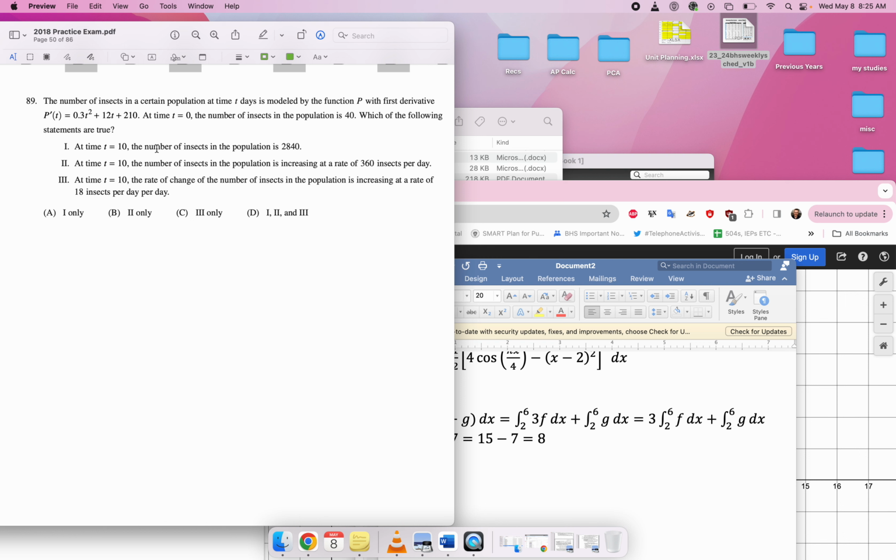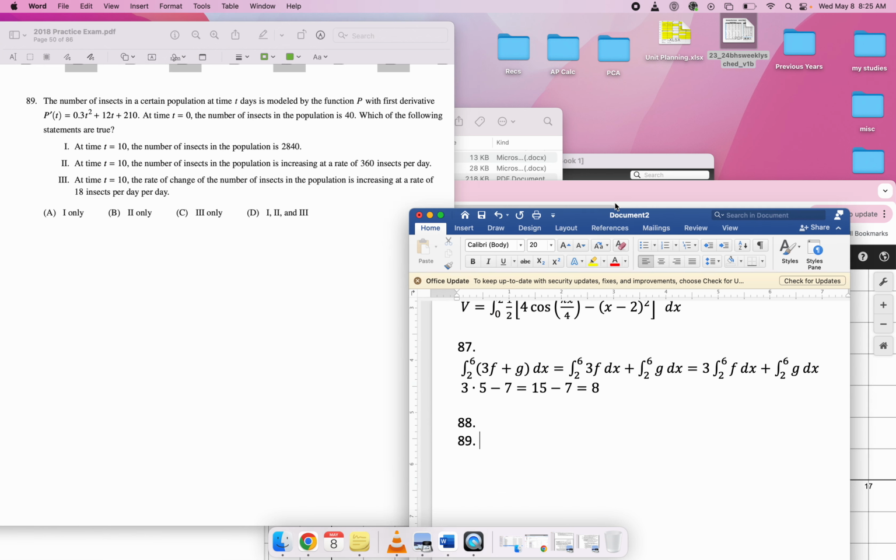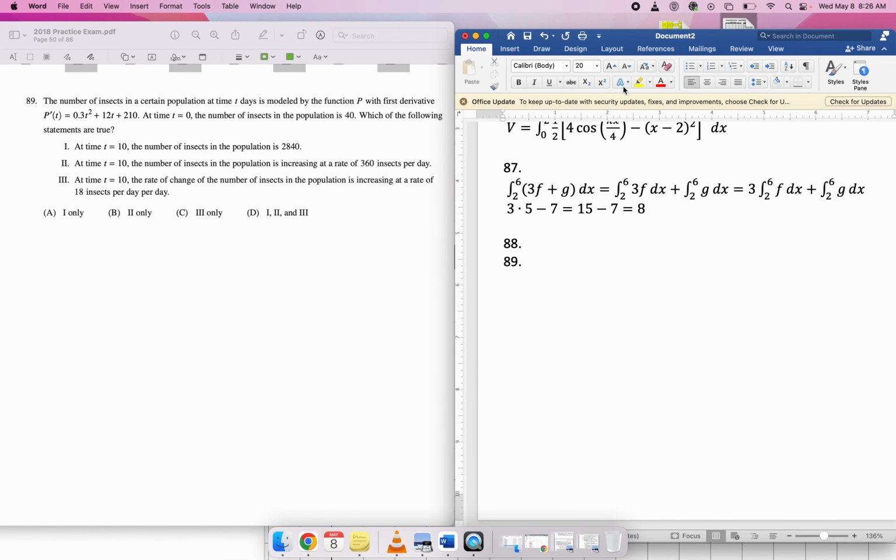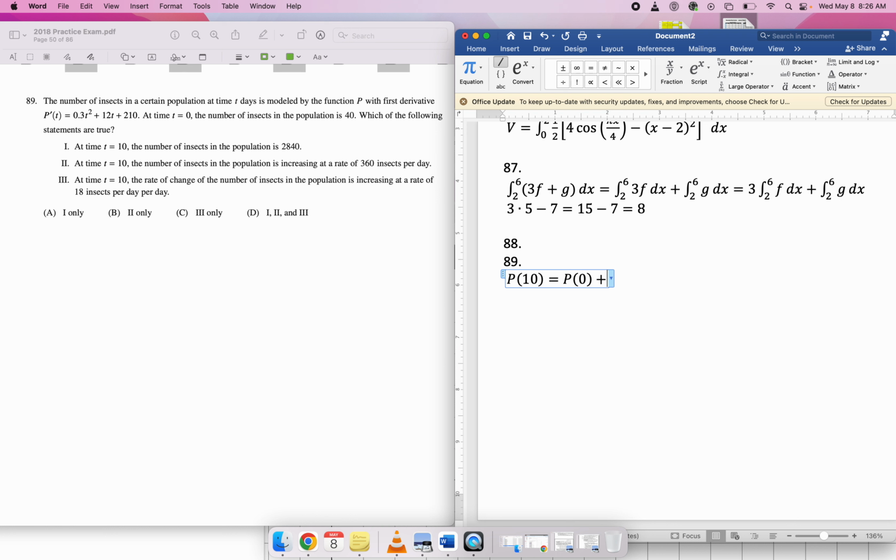1. At time t equals 10, the number of insects in the population is 2840. I have no idea if that's true. I have to go and look. So I can say later value equals earlier value plus net change. So the population at 10 is equal to the initial population plus the integral from 0 to 10 of p prime of t dt.